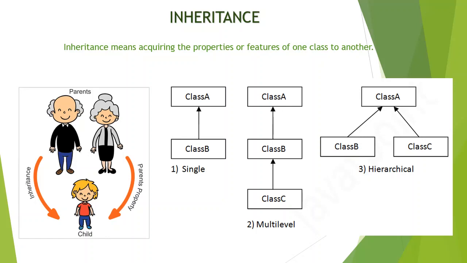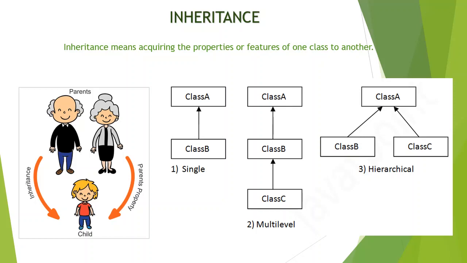So class C will acquire all the features or properties from class B. Class C consists of the features of class B as well as the features of class A. So class C will consist of its own features as well as the features of class A and class B.